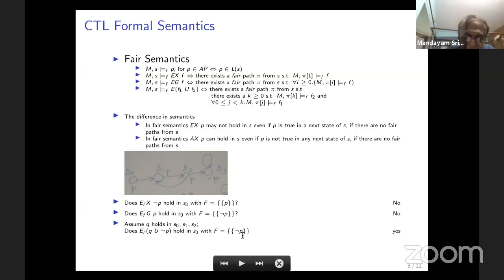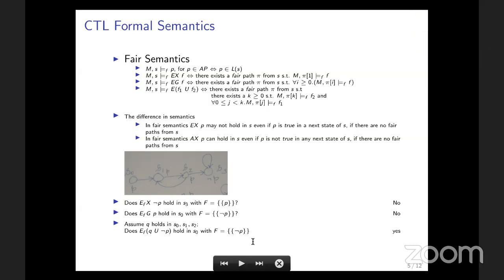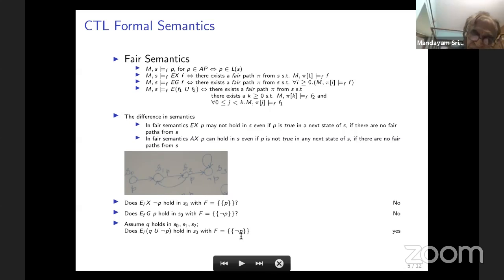When I say not P, it is actually states, meaning all states in which not P is true. So I'm abusing the notation. The definition is actually in terms of states. That's a good point, a subtle point. But yes, when I write P here, it is S0, S1, and S2.